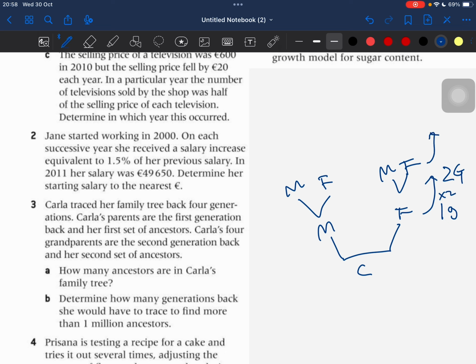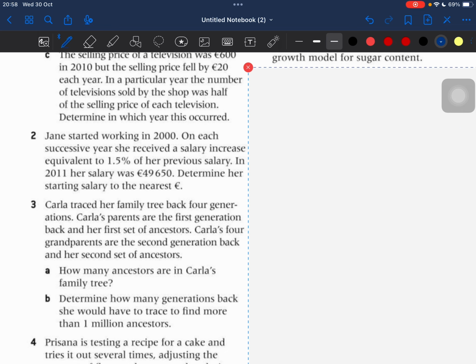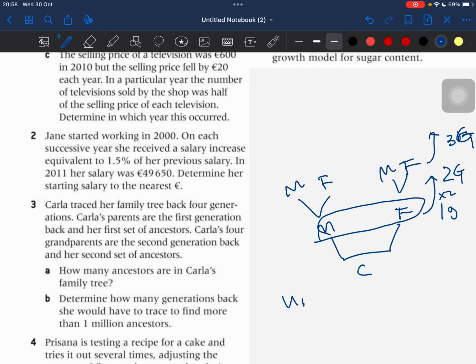And the third generation, twice again, and so on. So now we know the first generation has 2 ancestors, which is mother and father. So let's call it Un equals 2 times 2 to the power n minus 1.